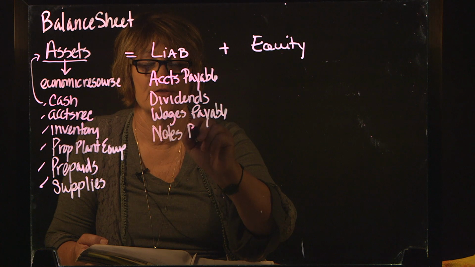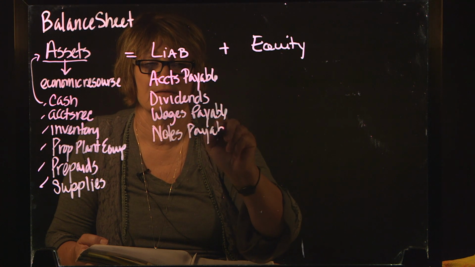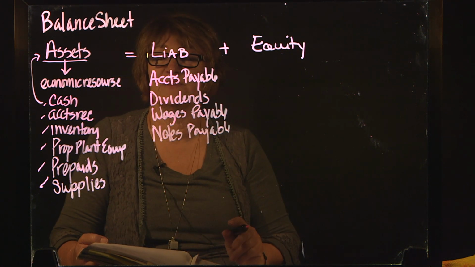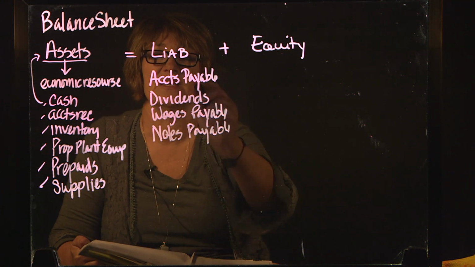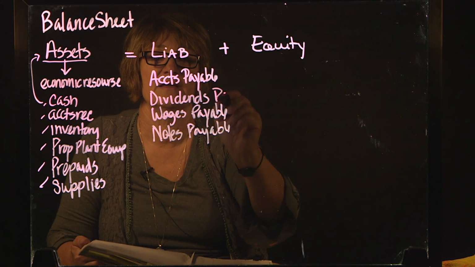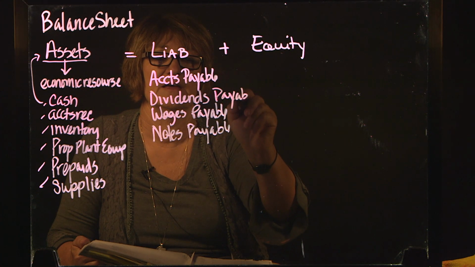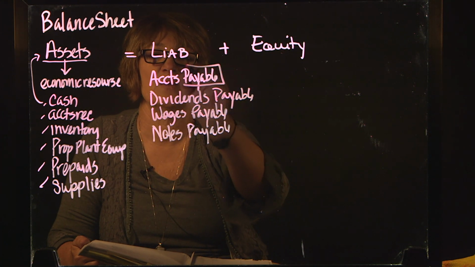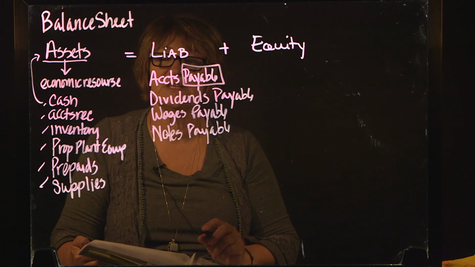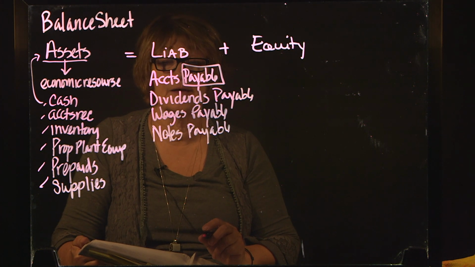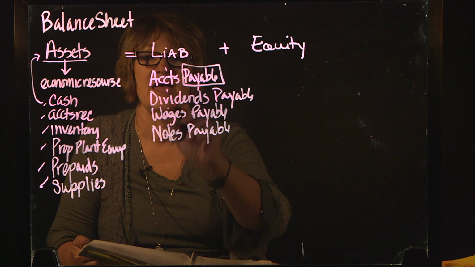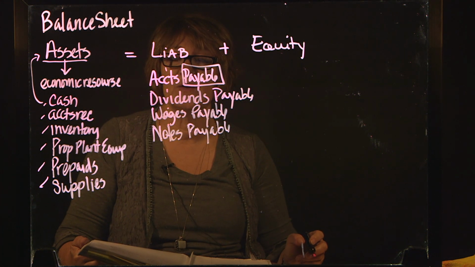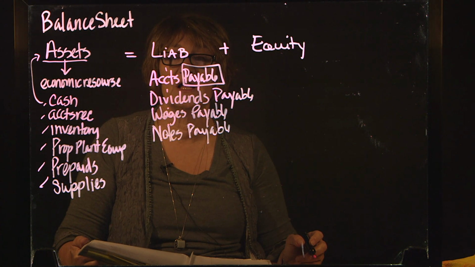So there's a theme, isn't it? Everybody should have just said it to themselves. What is the common theme for each of these accounts? You're right, the word payable. Anytime you see the word payable, it's a liability. It doesn't matter what's in front of it. Anytime you see the word payable, it will be considered a liability.